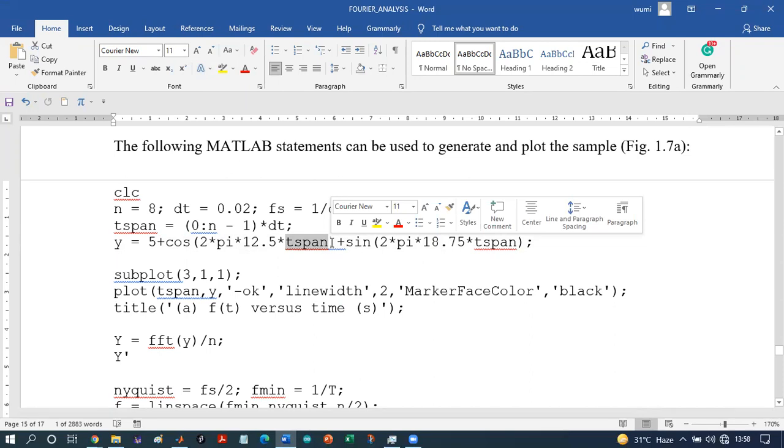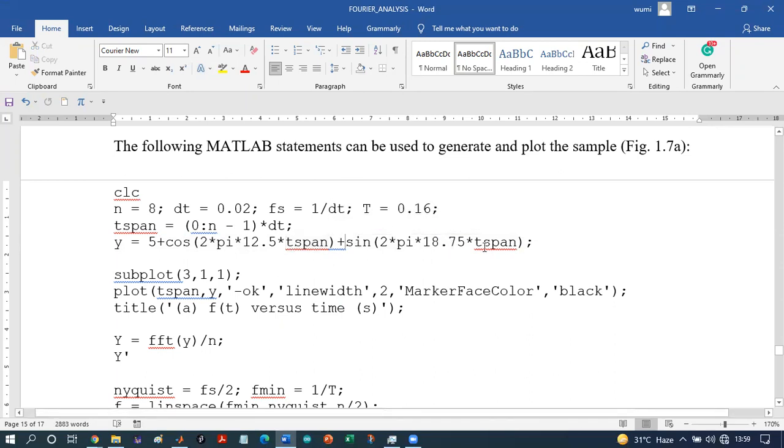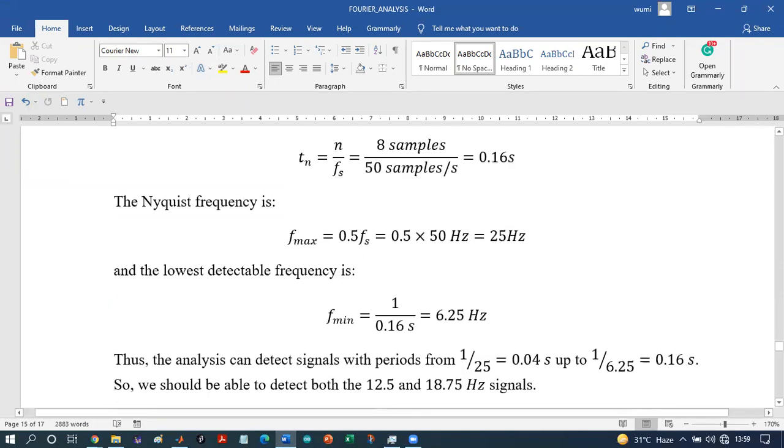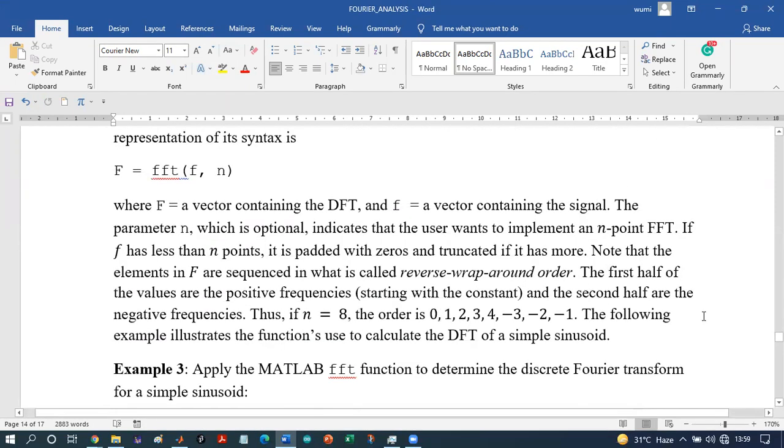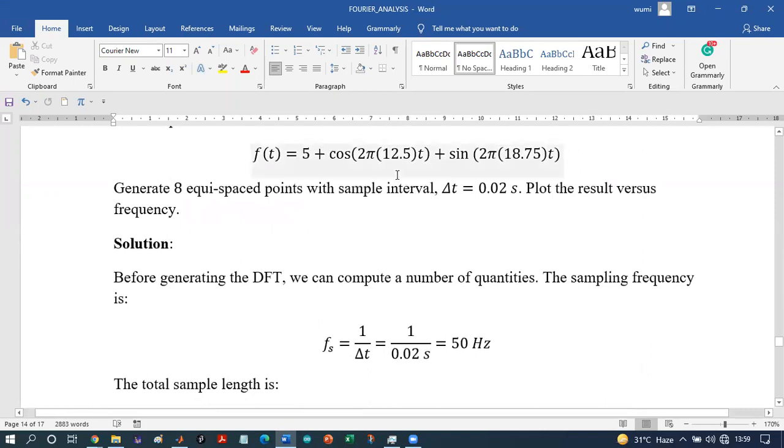So in this particular line, we essentially want to get an array of these values, multiplied by t span plus sine 2 pi 18.75 times t span. So that line came from the question.